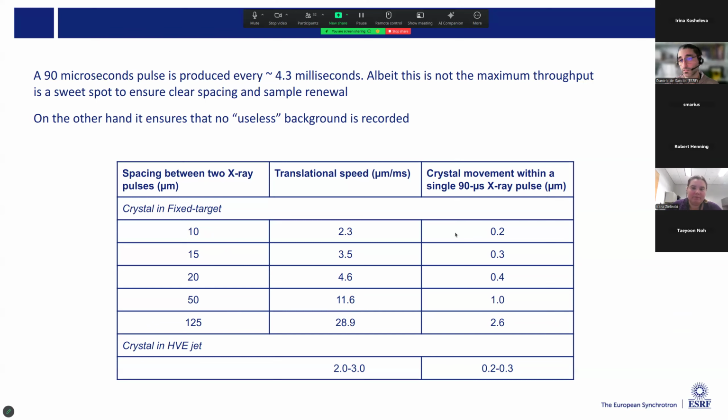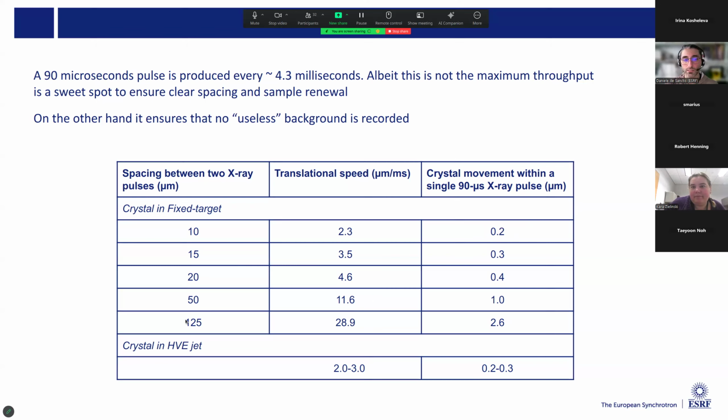In the worst case scenario, when we use the 90 microsecond pulses with a spacing of 10 micron, the crystal moves in the beam by much less than a micron. This is smaller than the beam size and smaller than the crystal size that we typically measure, making sure that the crystal is in the beam for the whole exposure.